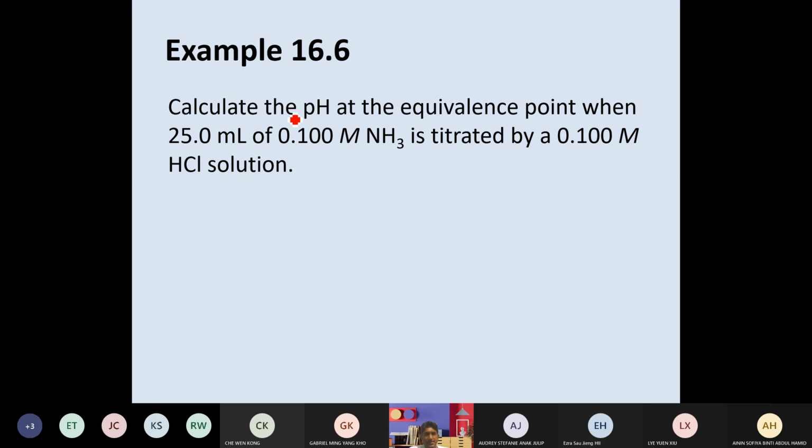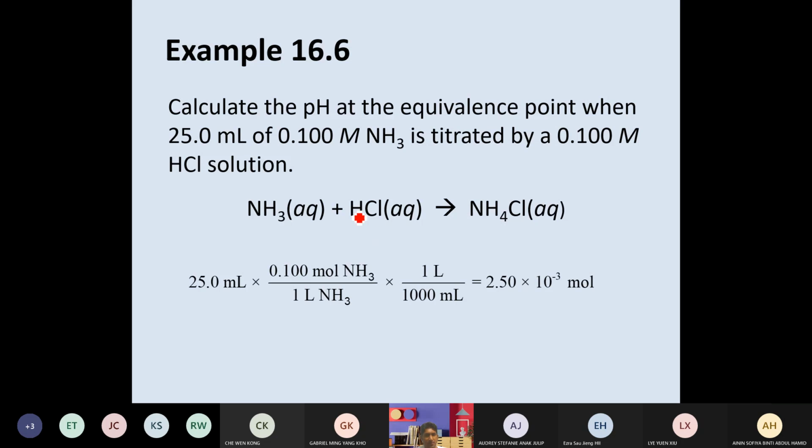So one example here: calculate the pH at the equivalence point when 25 milliliters of 0.1 molar ammonia is titrated with 0.1 molar HCl solution. Ammonia is being titrated with HCl. The interesting thing is that ammonium chloride is being produced, and this is a salt, so it can go further to hydrolysis. That is one interesting and confusing thing. Don't be confused.